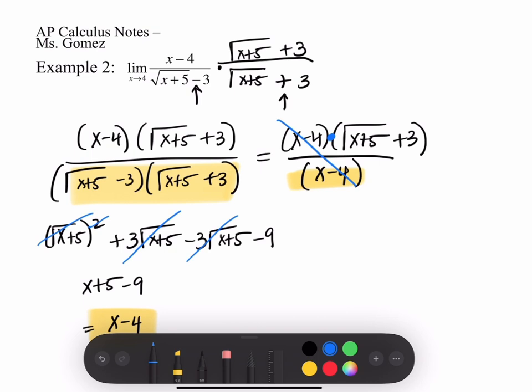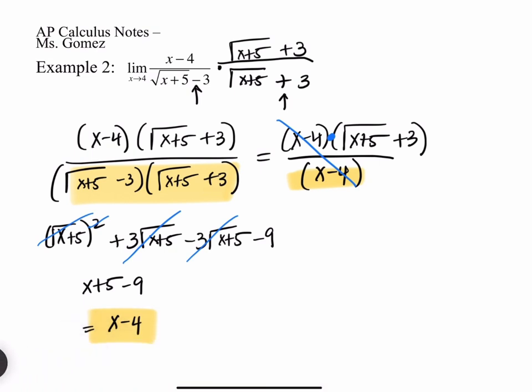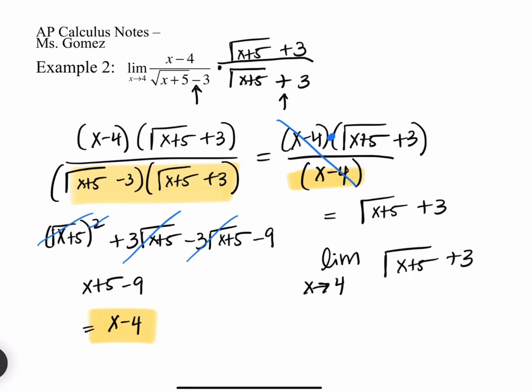And so I'm left with my final expression before I can evaluate my limit, radical x plus 5 plus 3. And now I'm ready to do this limit. So I'm going to say the limit as x approaches 4 of radical x plus 5 plus 3 is going to give me, well, let's see, if I plug in 4, I get radical 9 plus 3, which is just 3 plus 3, which is 6.